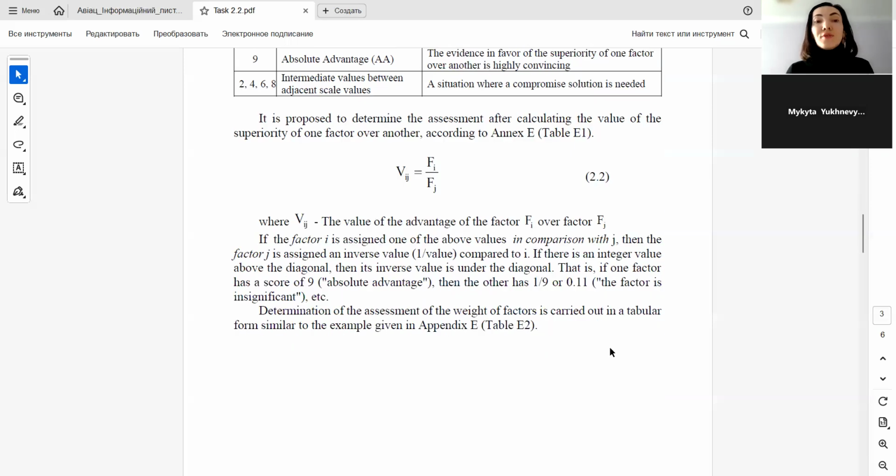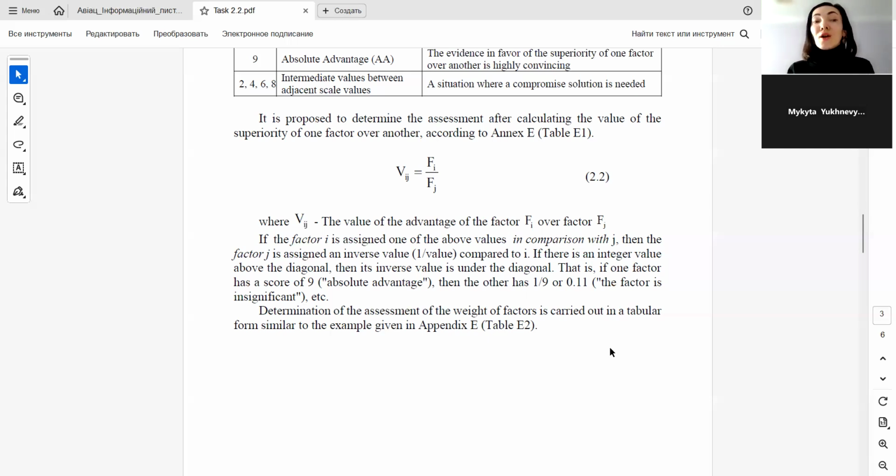If the factor i is assigned one of the above values when compared with factor j, then factor j is assigned the inverse value, 1 divided by the value compared to i. If there is an integer value above the diagonal, then its inverse value is under the diagonal. So we need to think about it.